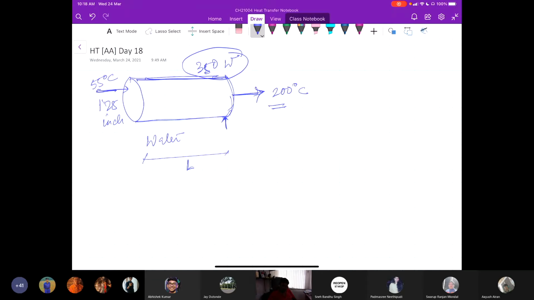The length is unknown. We have to calculate the length as well as the surface temperature at x equals L, if we consider this direction as x.